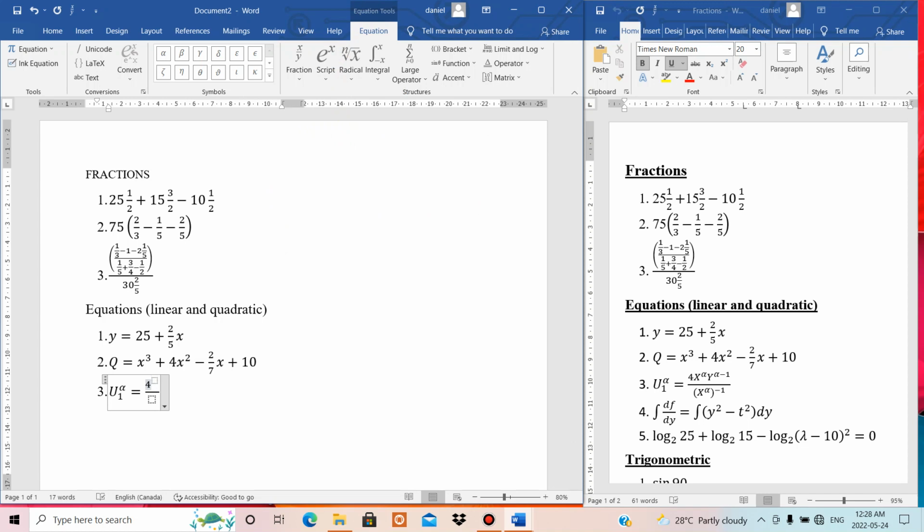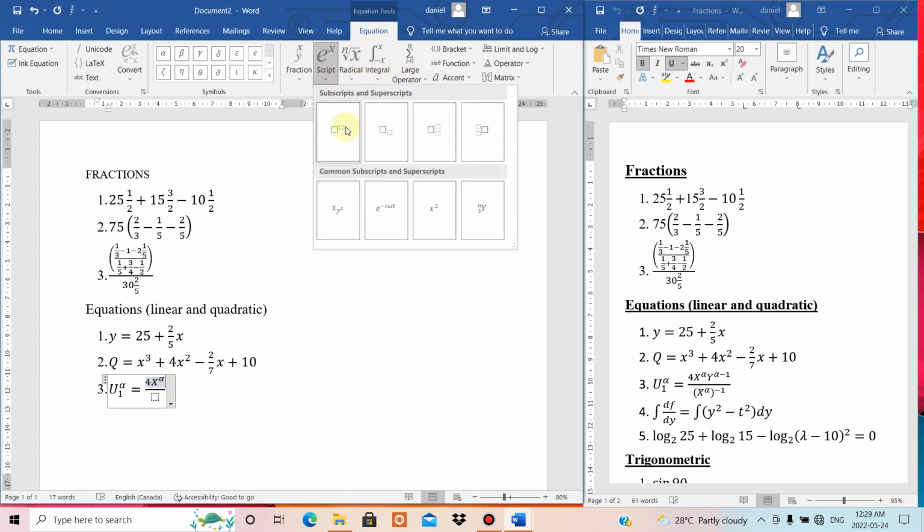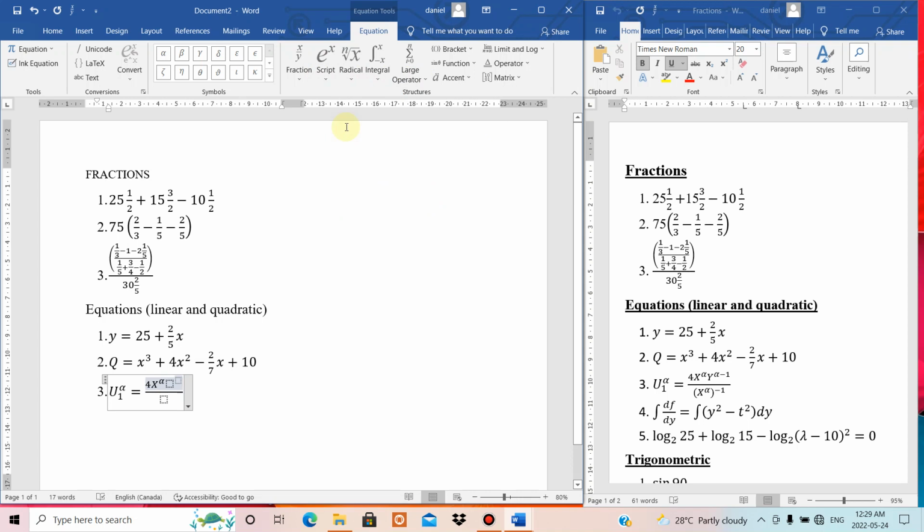So 4x, so that's a bigger x, exponent alpha, so that's alpha, y, so y also has a superscript. So that's alpha minus 1 as its superscript, and the value itself is y.